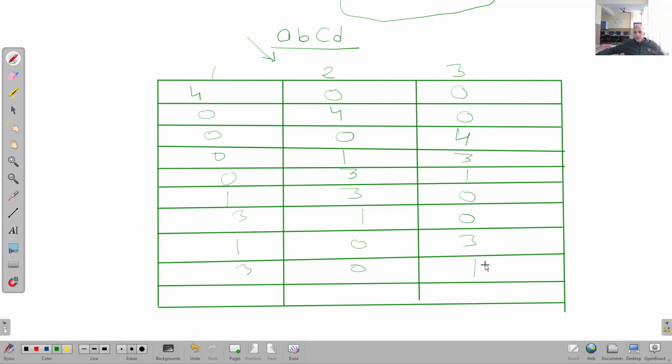1, 2, 3, 4, 5, 6 possibilities are there in this particular case, whereas 3 possibilities are there in these particular cases. Similarly you can have other possibilities like 2 2 0. So in that case you will have 3 different possibilities: 2 2 0, then 2 0 2 and 0 2 2. 3 possibilities will be there. And similarly you can have other options also like 2 1 1, right? 1 1 2.